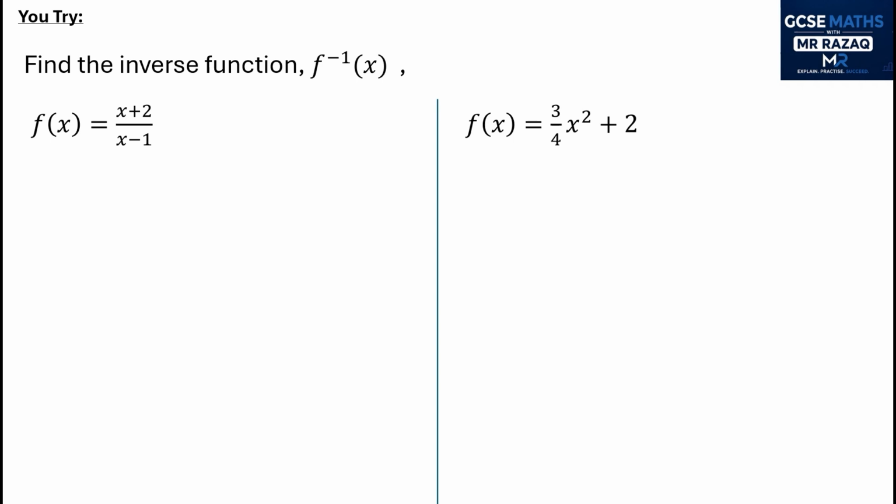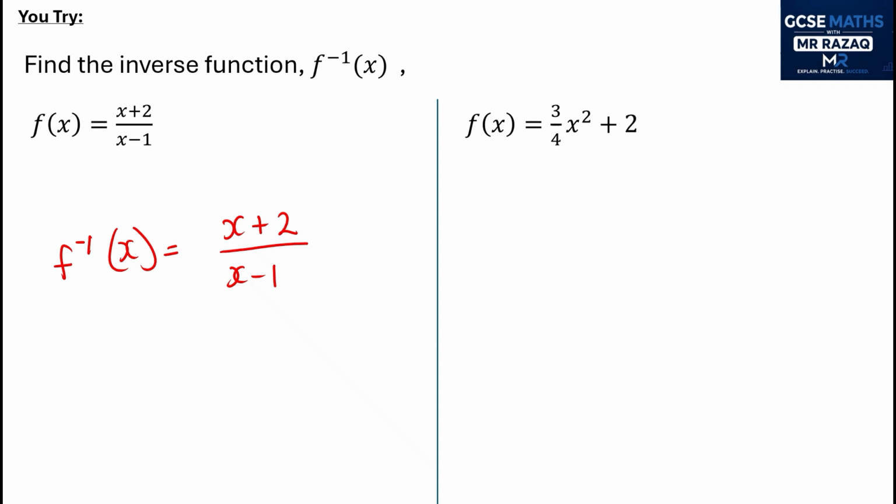Okay, at this point, you can pause the video and attempt these two questions. When you're ready, you can resume the video. Hopefully, by now, you would have attempted the questions. So the answer for the first one is f inverse x is equal to x plus 2 over x minus 1.